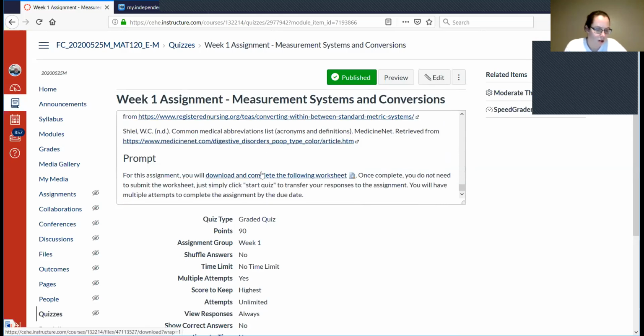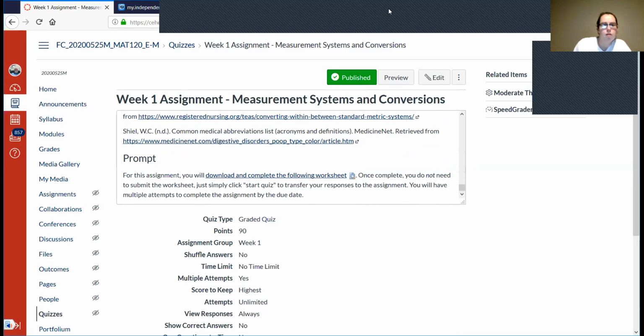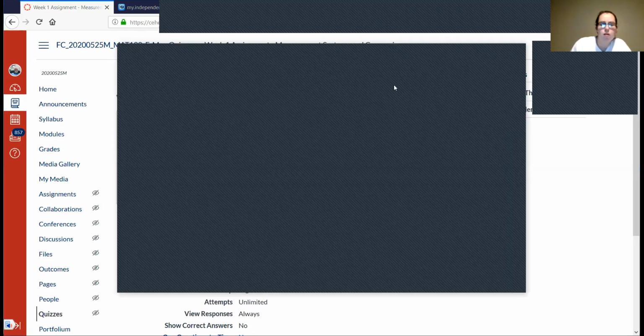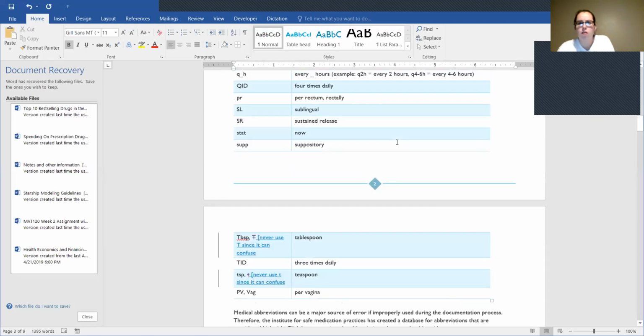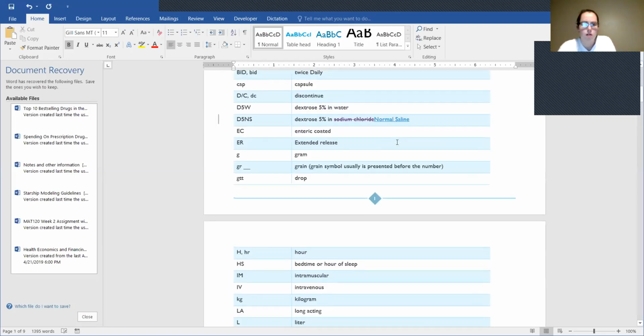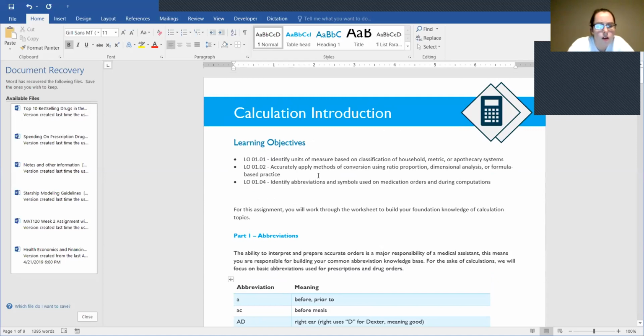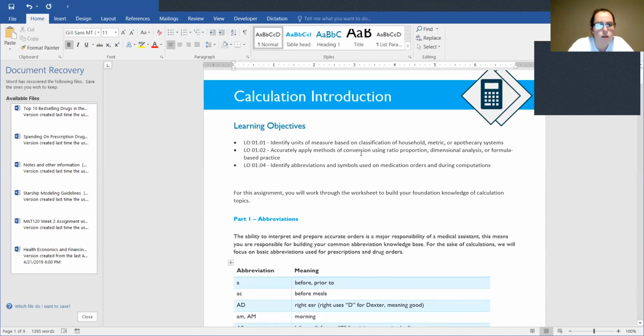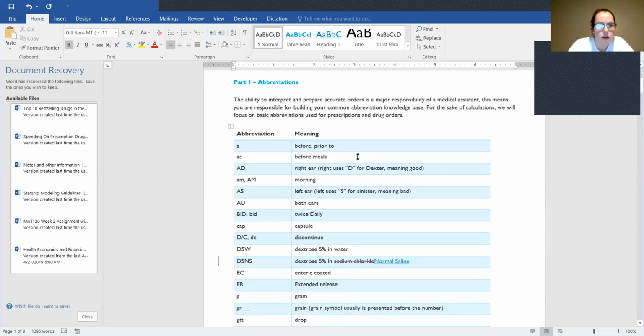If you click and download the worksheet, what you will come up with is, let me see if I can find that. Yes. And actually, I will be posting this version of the assignment sheet because I've made some corrections on it. There are a couple of things on here that aren't right.